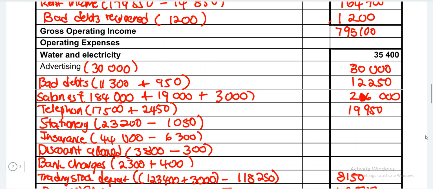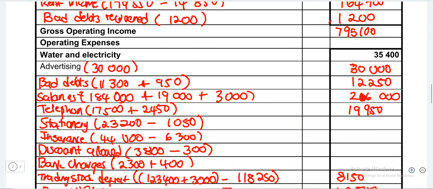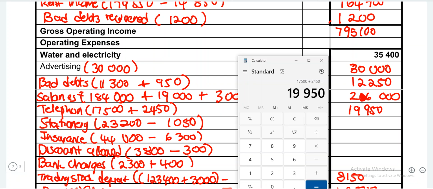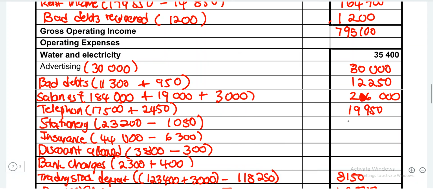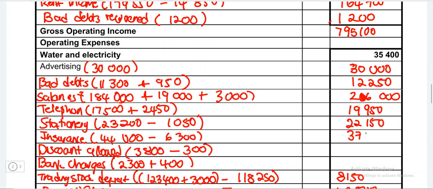So let's see, 23,200 minus 1,050, it is giving us 22,150. And then let's see, when we say 44,000 minus 6.3, we're getting 37,700.